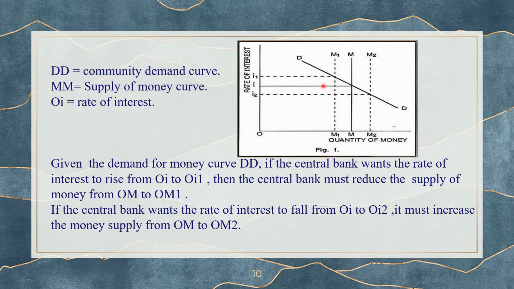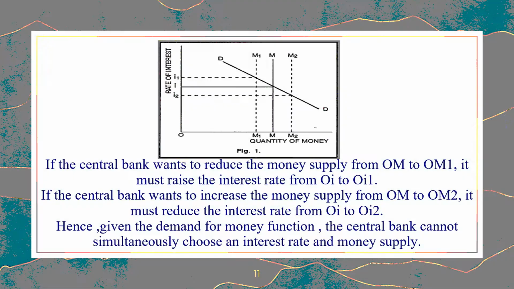I repeat, if the central bank wants the rate of interest to fall to OI2, it has to increase the money supply to OM2. Right. So if it wants this to go higher, it has to reduce this. If it wants this to go lower, it has to increase this. This is what this figure is trying to tell you.